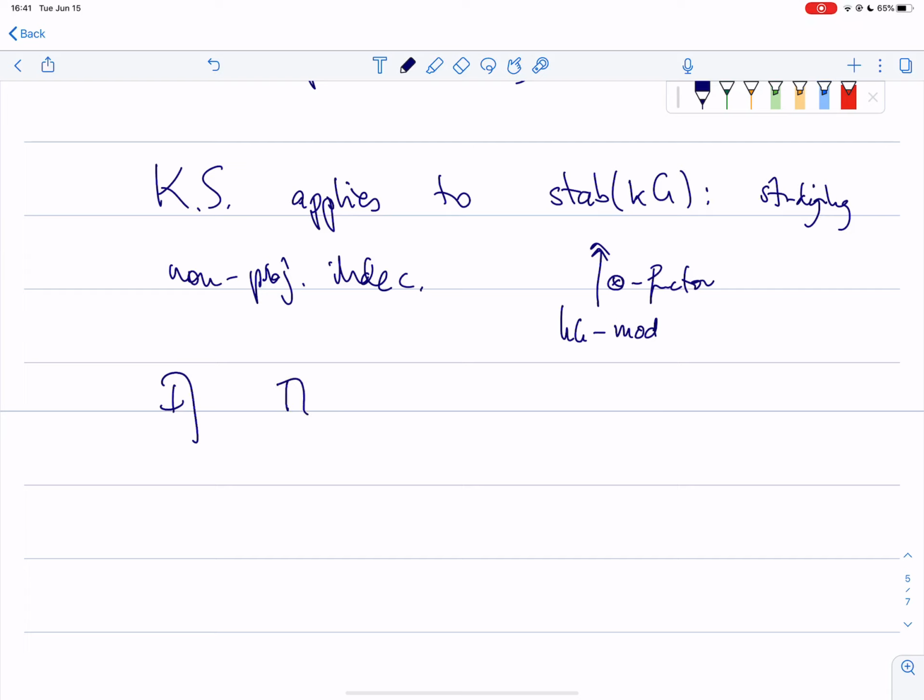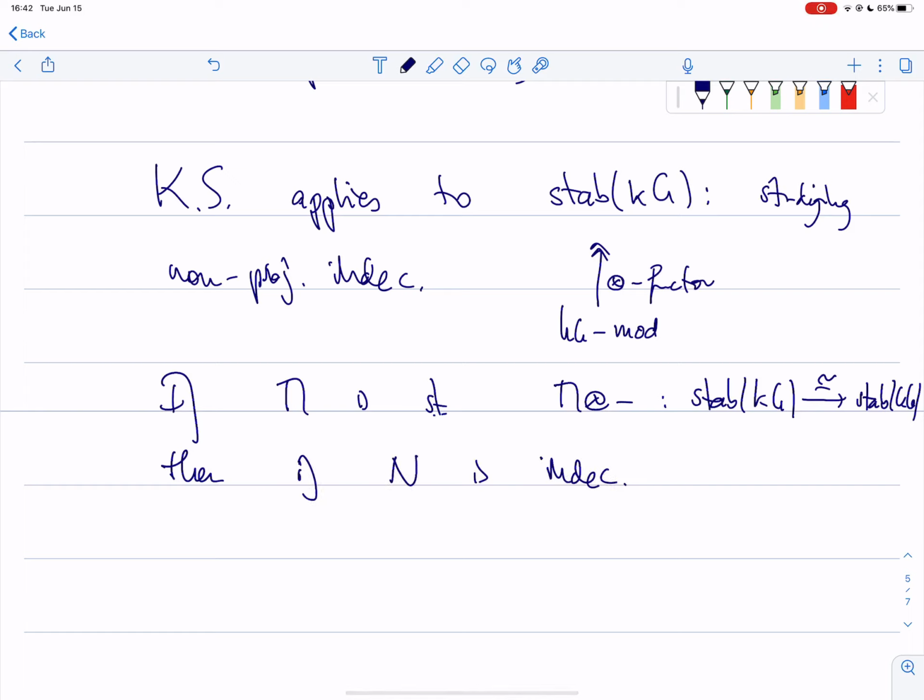M is such that tensoring with M is an equivalence on the stable category, then when you have a representation, well, of course it's very useful, but in particular, if N is an indecomposable in this stable category, in this category K, then so are M tensor N for every N, positive or negative.